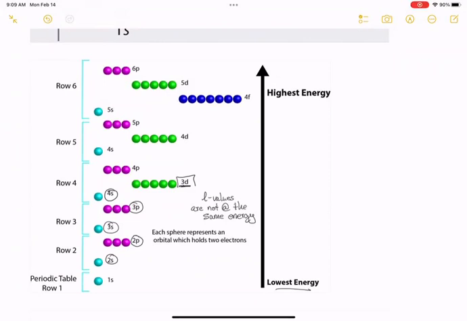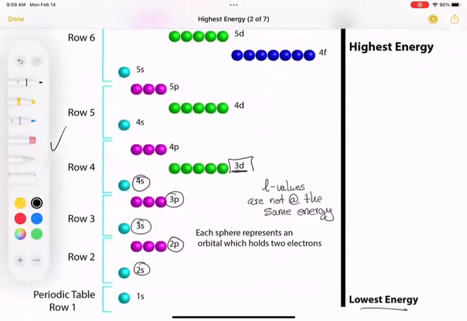You will always fill from the lowest shell, lowest subshells. So this energy diagram is extremely important because it tells us how we're going to put the electrons in the atom.